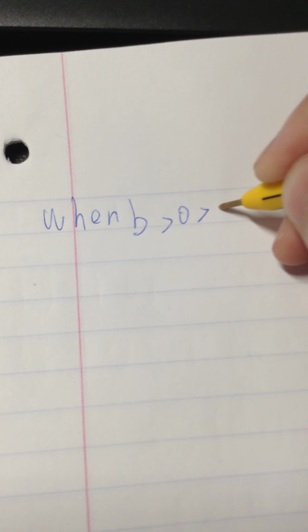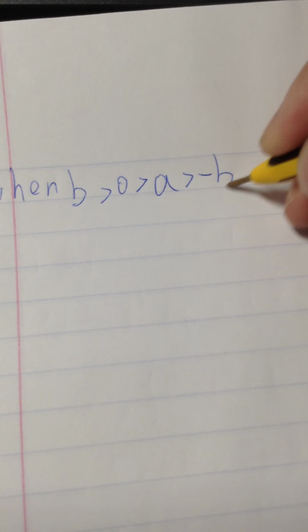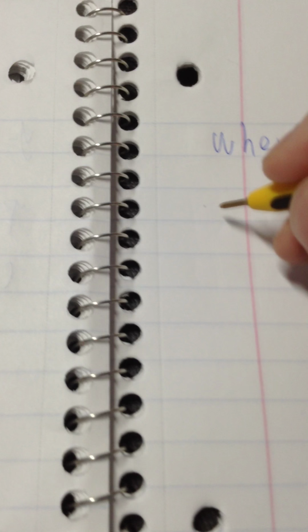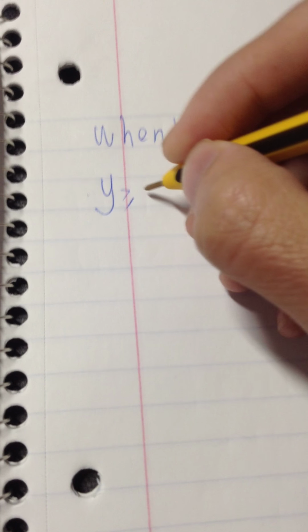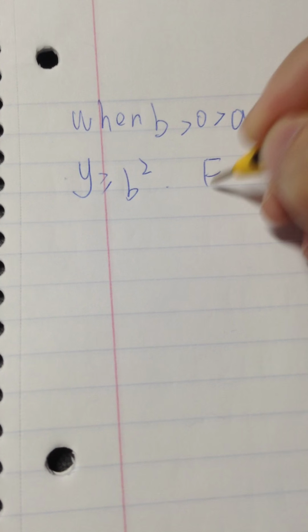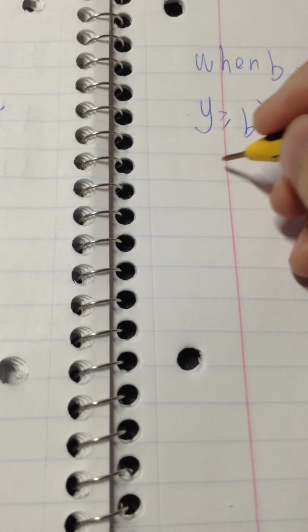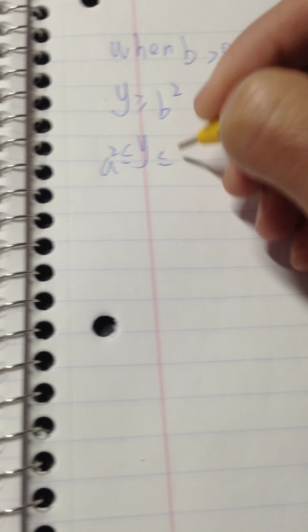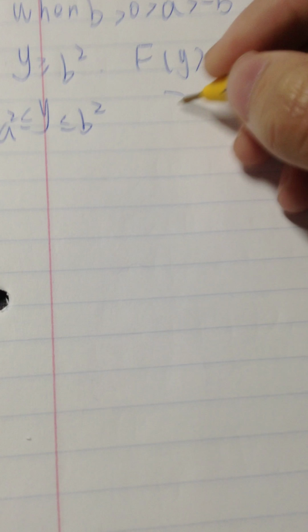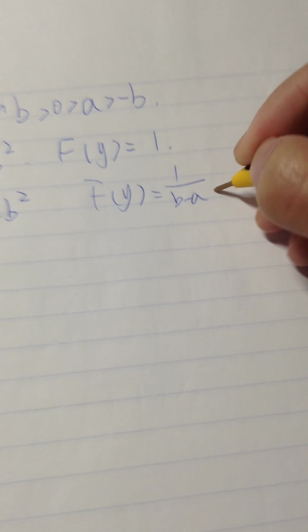So next, when b is bigger than 0, bigger than a, bigger than minus b: when y is bigger than b squared, the fy should equal 1. And when y is between a squared and b squared, fy should be this.